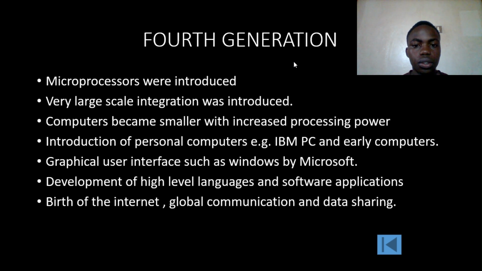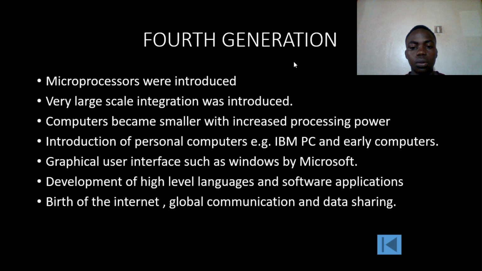In the fourth generation, the computers became smaller with increasing processing power. Compared to the first generation, these computers were faster and much smaller, which increased portability. There was the introduction of personal computers, for example, the IBM PC, and other early computers. The graphical user interface, such as Windows, was introduced by Microsoft, which made computing very easy.